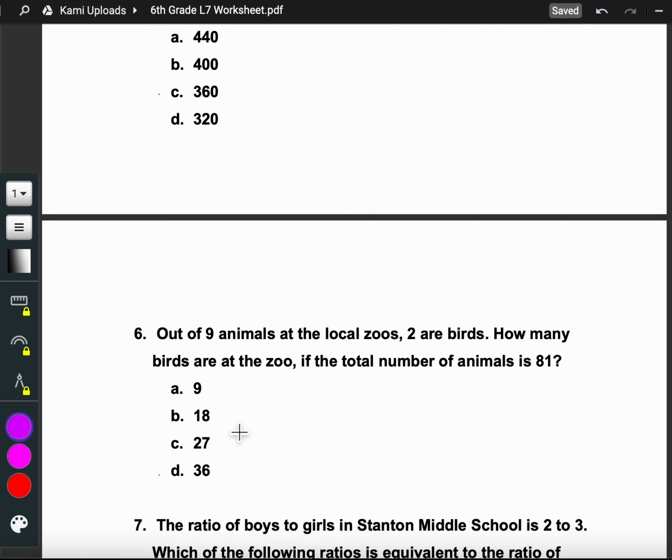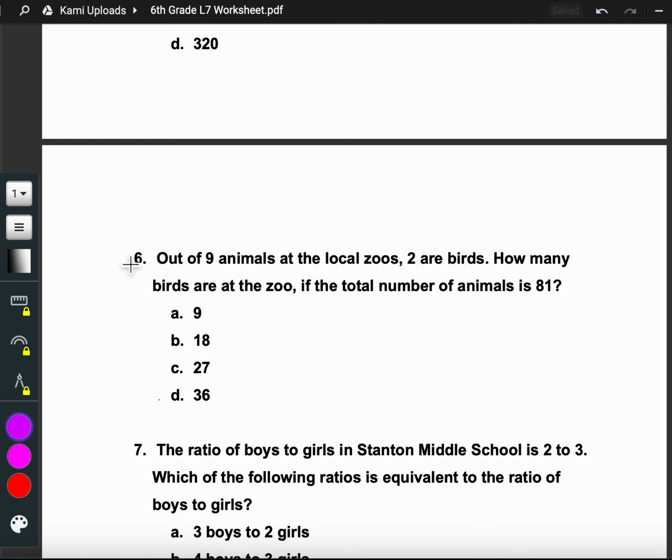Let's look at number 6. Out of 9 animals at the local zoo, there are 2 birds. How many birds are at the zoo if the total number of animals is 81? So once again, we're going to write it out. 2 out of the 9 animals are birds, and we're going to multiply it directly instead of writing "of," because now we know that that means it's being multiplied.